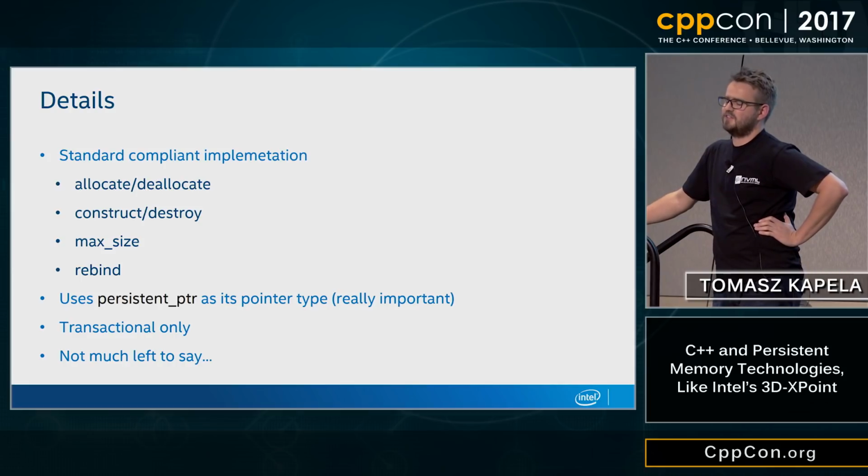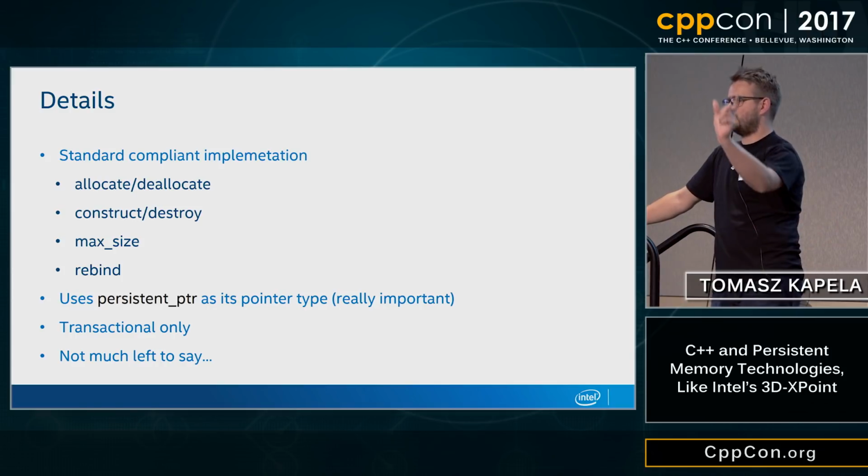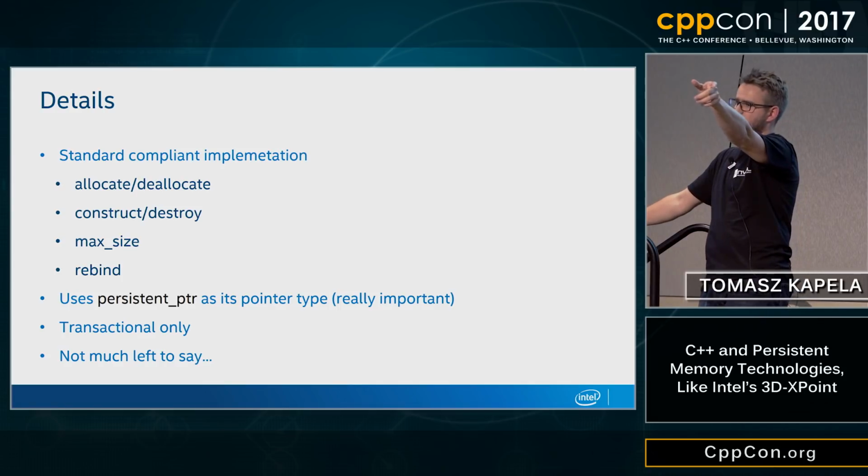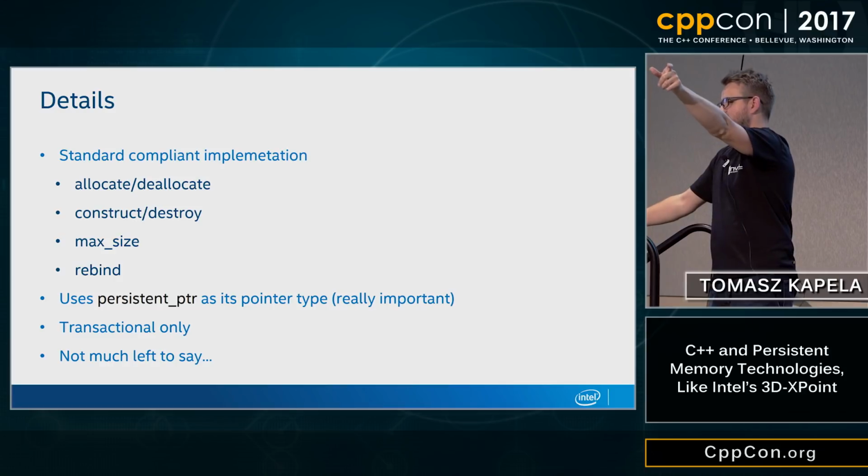It's actually a little bit bigger than an integer, because it has to also have a reference to the pool. So it has to have a pool identifier and then an offset within that pool. So it's actually 16 bytes, which is 8 bytes more than we would want.